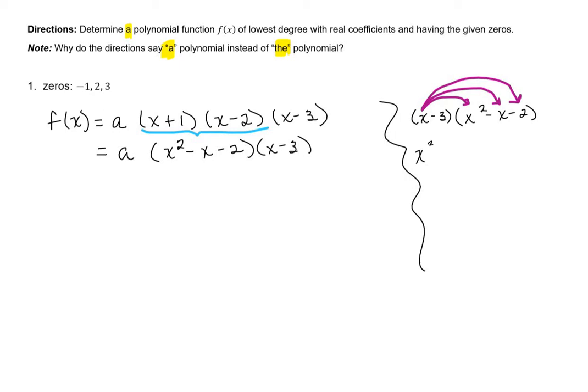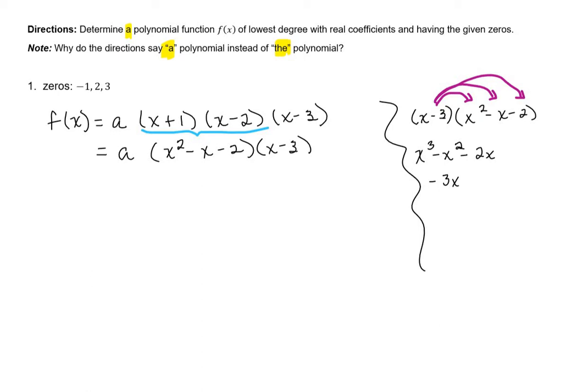So I'll have x cubed minus x squared minus 2x. Now I'm going to distribute this -3, and it's going to be multiplied by the x squared, the minus x, and the minus 2. And I'm going to write those terms underneath these terms and line everything up so it'll be easier for me to combine my like terms.